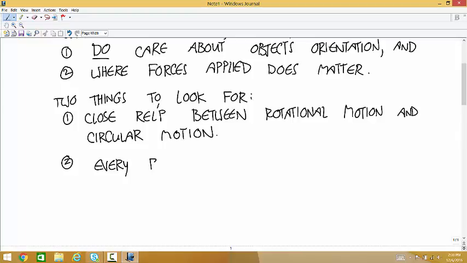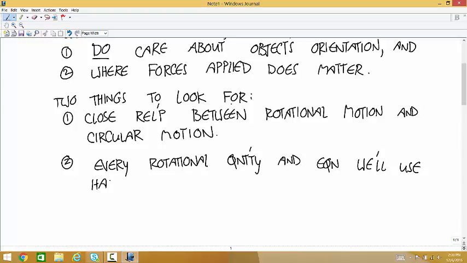Every rotational quantity and equation that we'll use has an analogous particle quantity or equation.